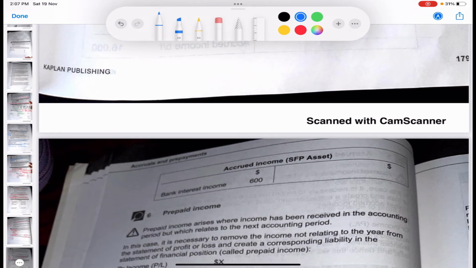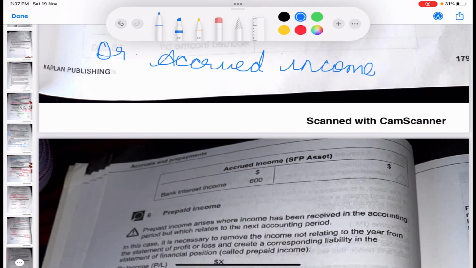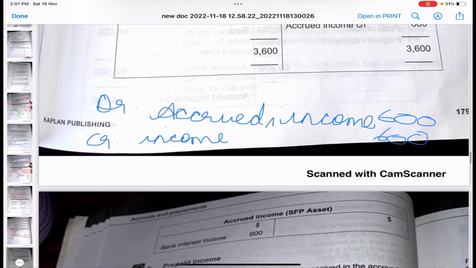Accrued income is my asset, so the accrued bank interest income account gets debited, and credit income by how much? 600. Why 600? Because she received only 3,000 but she had to receive 3,600, so 600 is her accrued income.